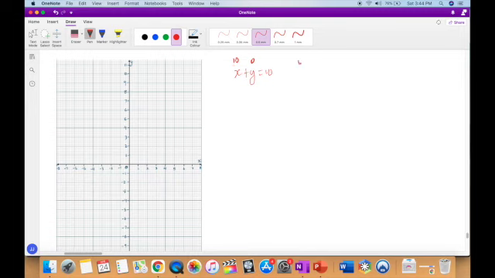So I have my first point 10, 0. Watch how fast I'm going to do this, I don't want to take half an hour. And then when x is 0, y is going to be 10. So I have the point 0, 10. Makes sense, right?